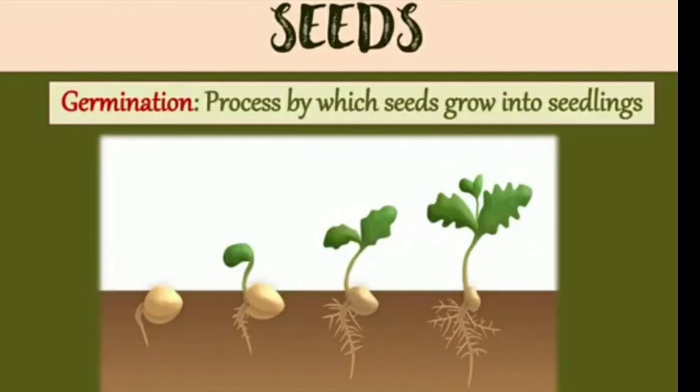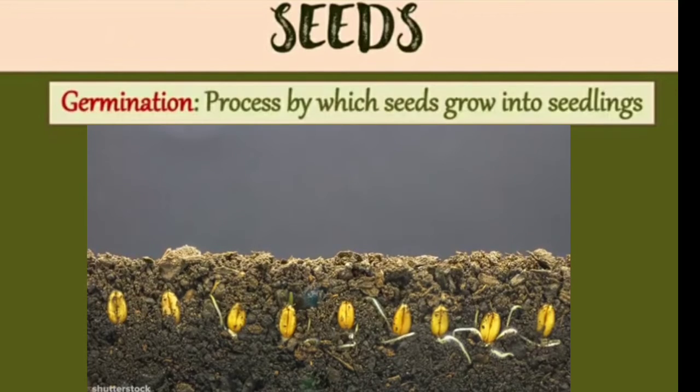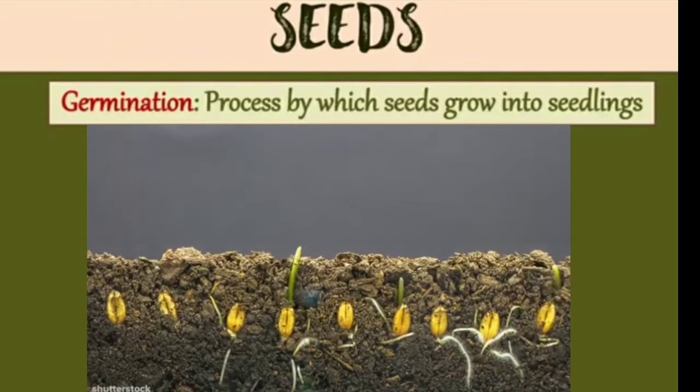grow into seedlings. Now, children, if we take an example, if we moisten a ball of crumpled paper in a conical flask, and if we place some soaked moth beans or gram seeds in that flask, between the paper and the glass ball, what can we observe there? We could see the seed germinating, right?